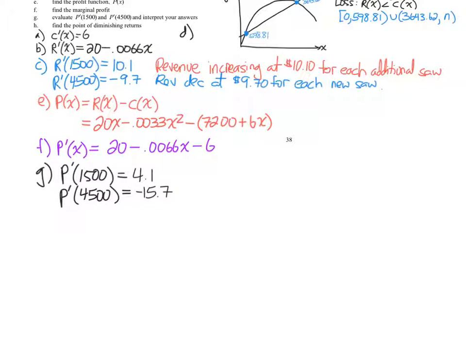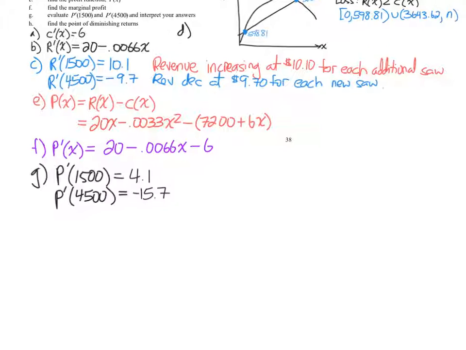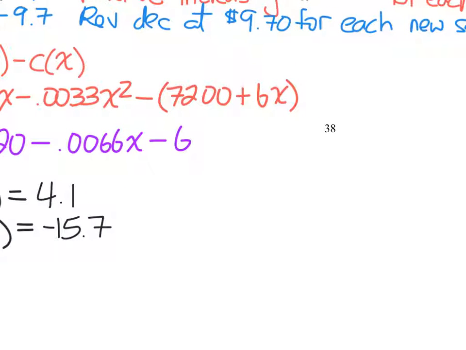All right. So then the explanation for something like this would be very similar to what we said for revenue. And in fact, it's almost the same, except replace revenue with profit and increase the numbers from part C with the numbers from part G. Profit is increasing at $4.10 for each additional saw, or each new saw if you want.